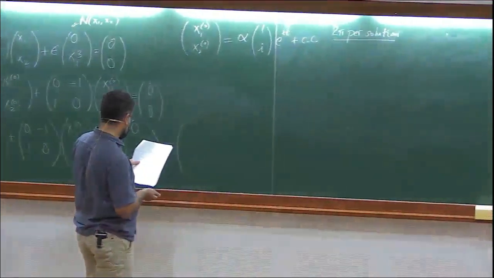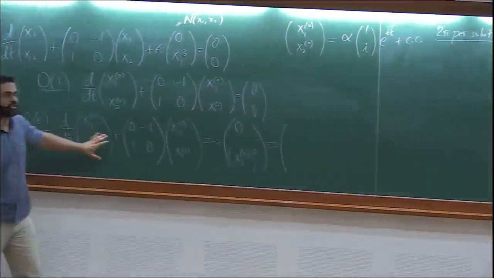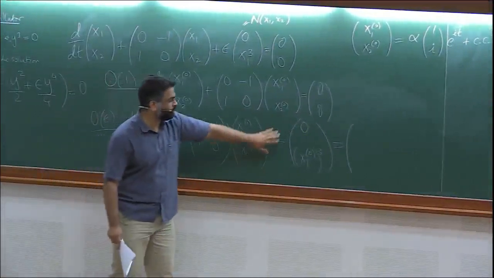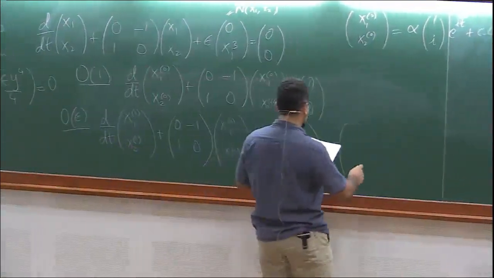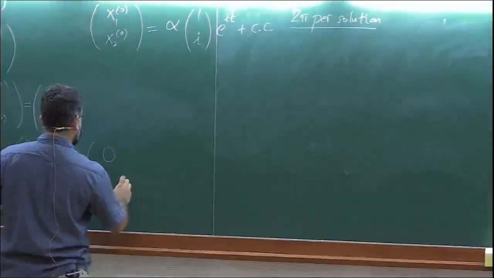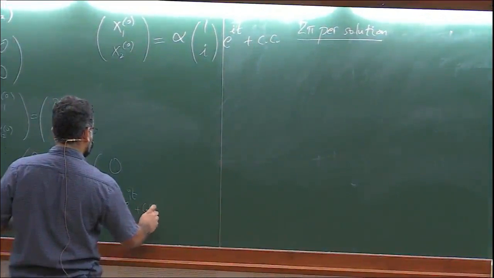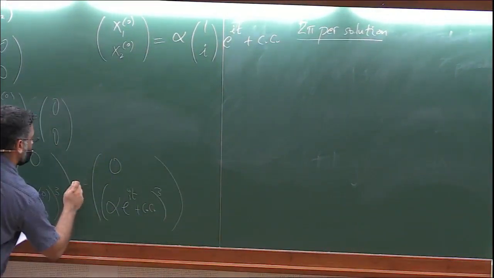Okay. All right, so I need to solve somehow this equation. So let me first compute what this nonlinear term looks like. And this is nothing but 0 alpha e to the it plus cc cubed with a minus sign.